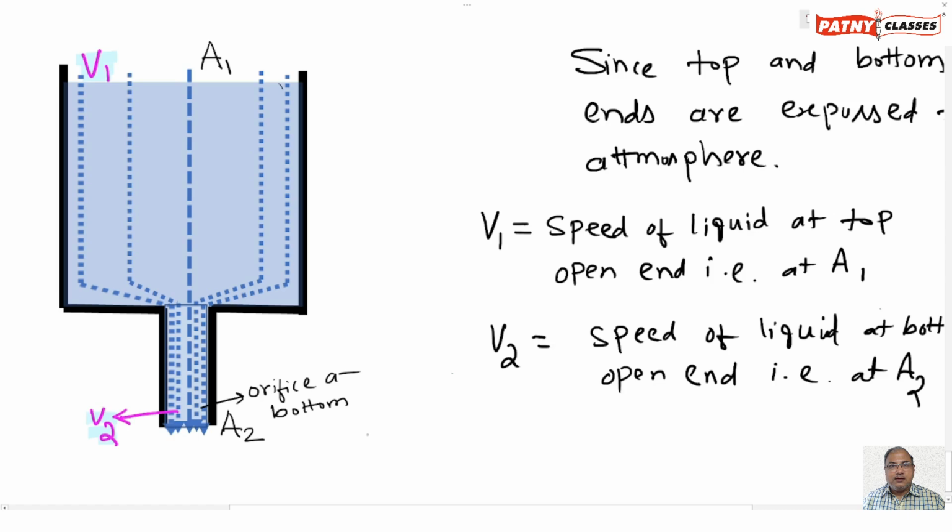Let the open top surface be at a height h with respect to the orifice. That is, the distance between the orifice and the top open surface, the free surface, is equal to h.